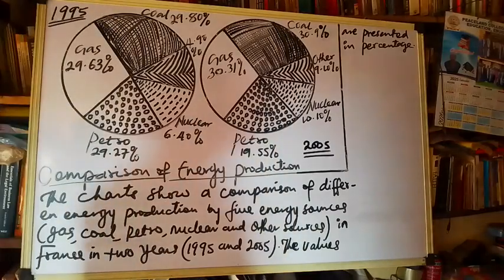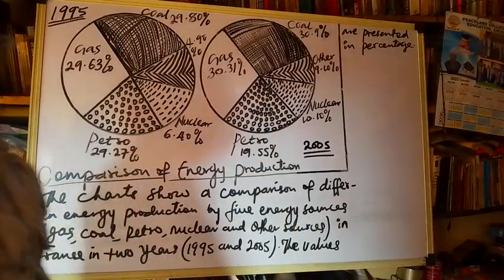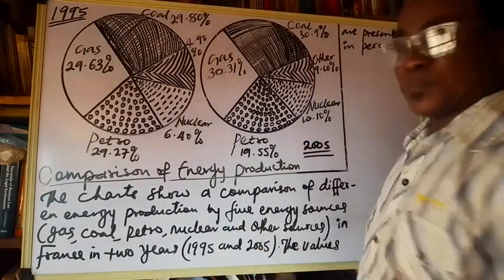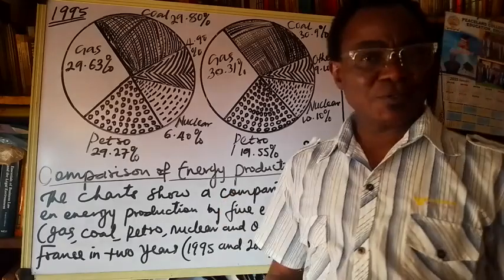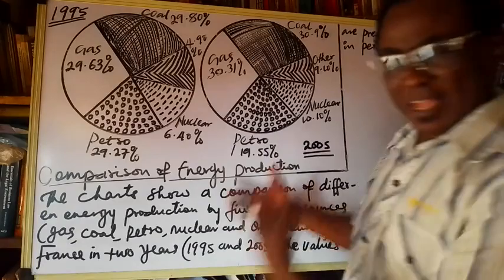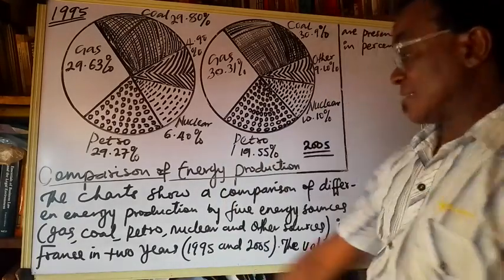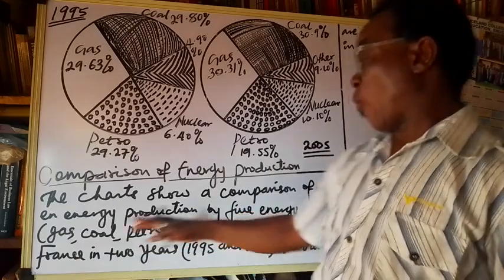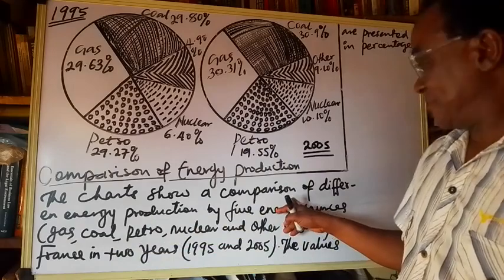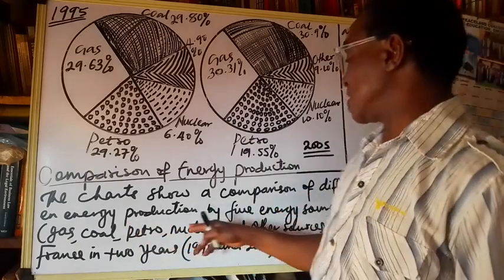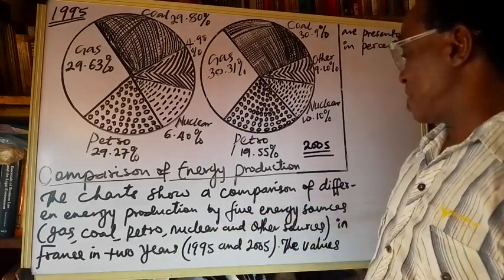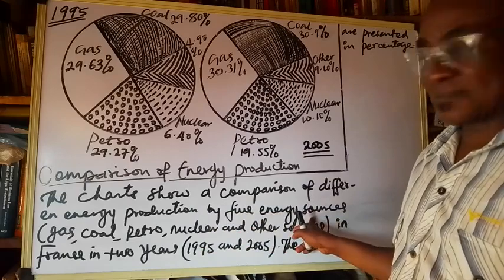So this is the intro. It is called the intro. What does the intro do? It is quite brief. It talks about what the study is all about, the location of the study, in this case, France, what the study is surveying, that is a comparison of different energy production by five energy sources.